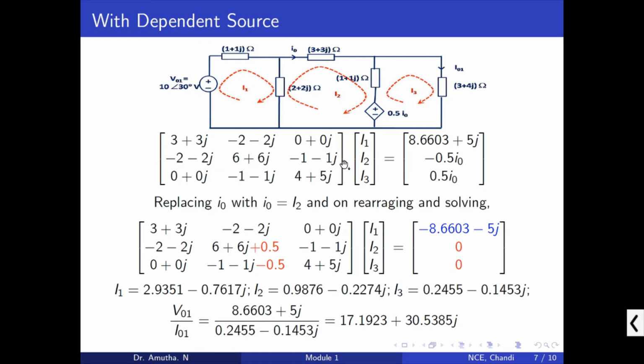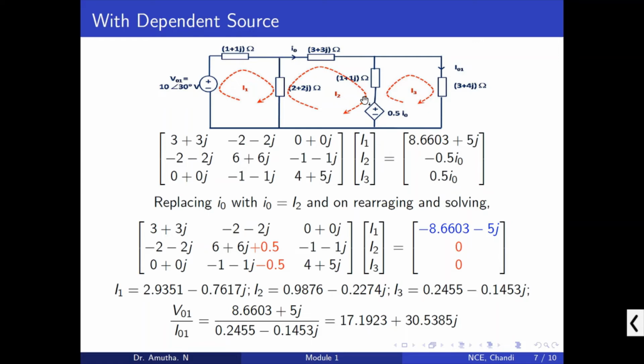So it is same as such. We can write what is the voltage rise in the particular loop. Additionally, one more voltage rise will be coming into picture for this I2 loop as well as I3 loop, because this is linking between I1 and I2 and I3. So the same way it will be appearing in the equation also.